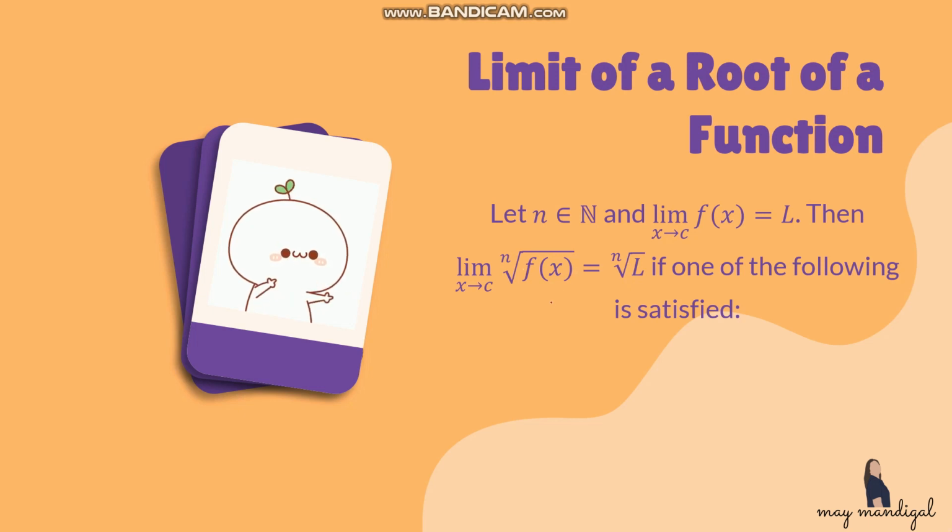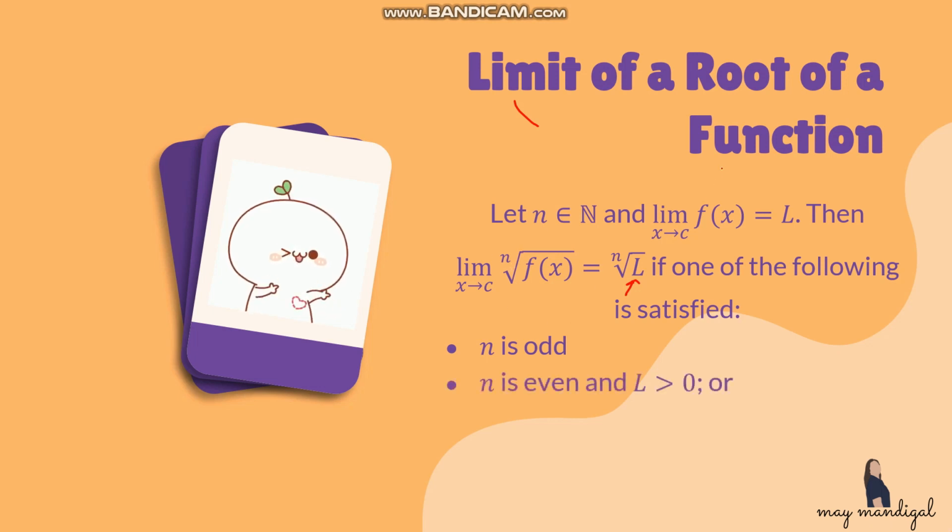Now, the rules in radicals, of course, will be applied or should be applied in this case, which are: if n is odd, the radicand or our limit can be positive or negative. We're talking about the radicand, this one right here. So it can be positive or negative as long as n, or the index, is odd.